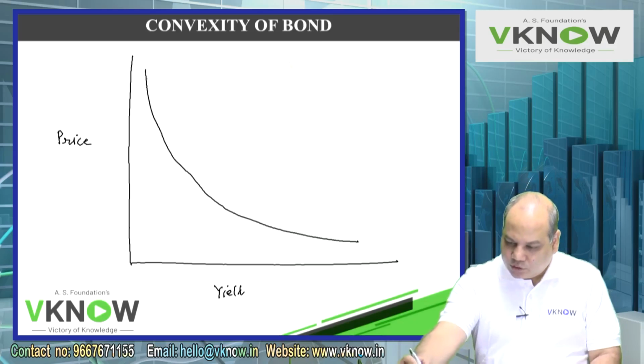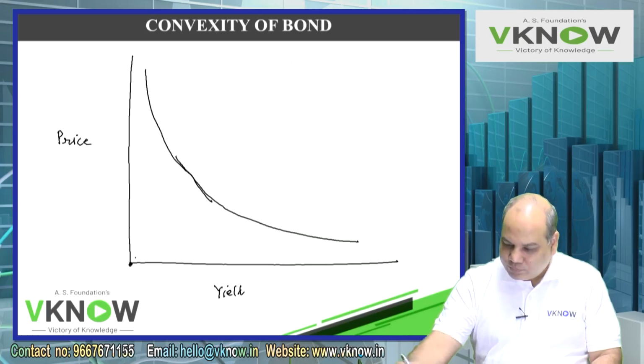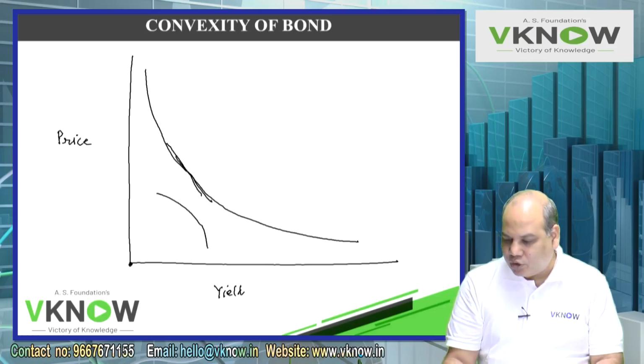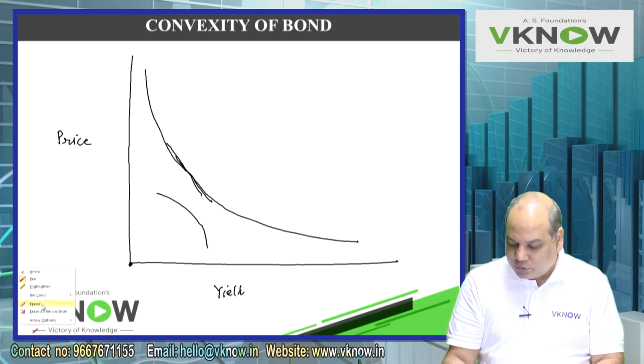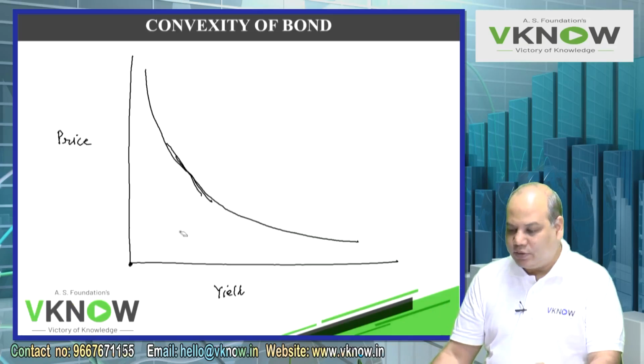Can you see it is convex? In your schools you were taught convex, concave. So this kind of line, if you see this point, origin, it is convex, and if it was something like this, we call it concave. So because of the shape of this curve, they have used the word convexity of the bond.